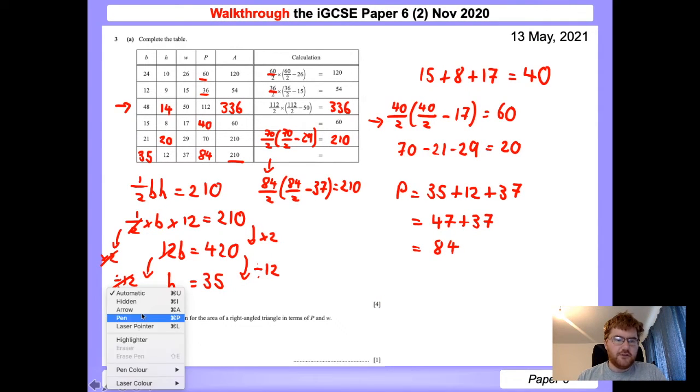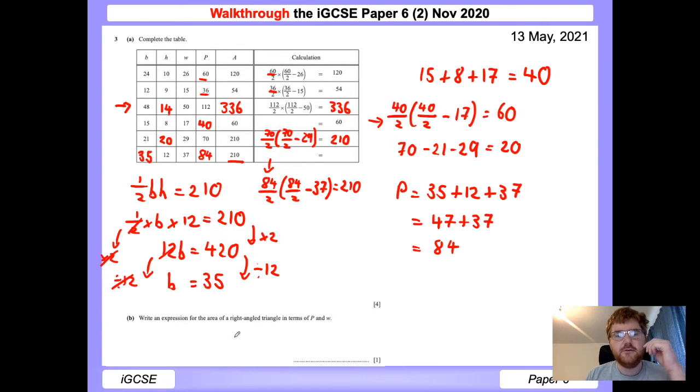Okay, and on to question B. So we need to write an expression for the area of a right-angled triangle in terms of P and W. This is now just formalizing what we've already seen. So we know the calculation here gives us the area. This 60 represents the perimeter, so we can write down P over 2, but it's always over 2 for every single question.